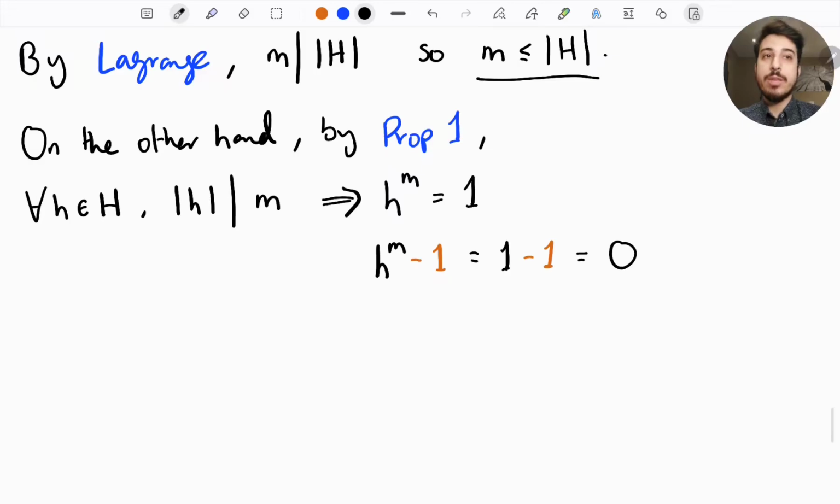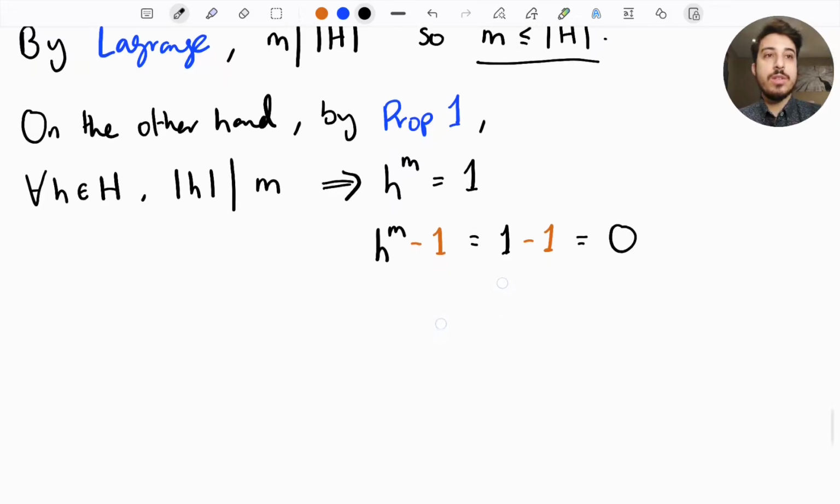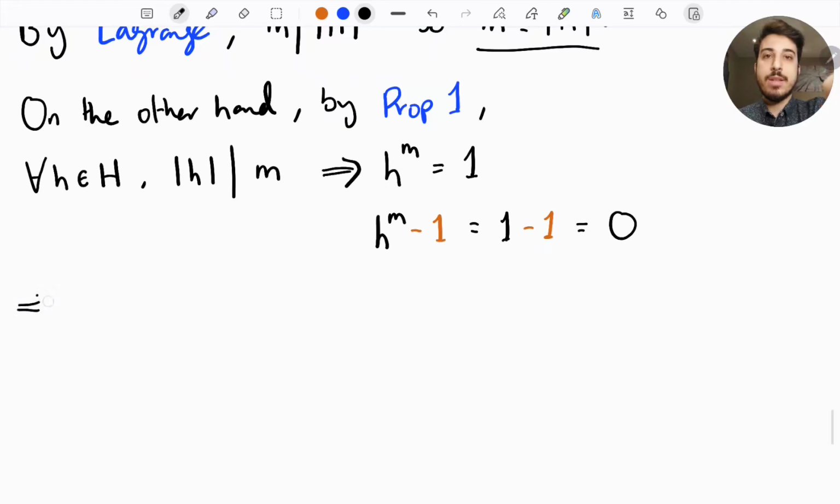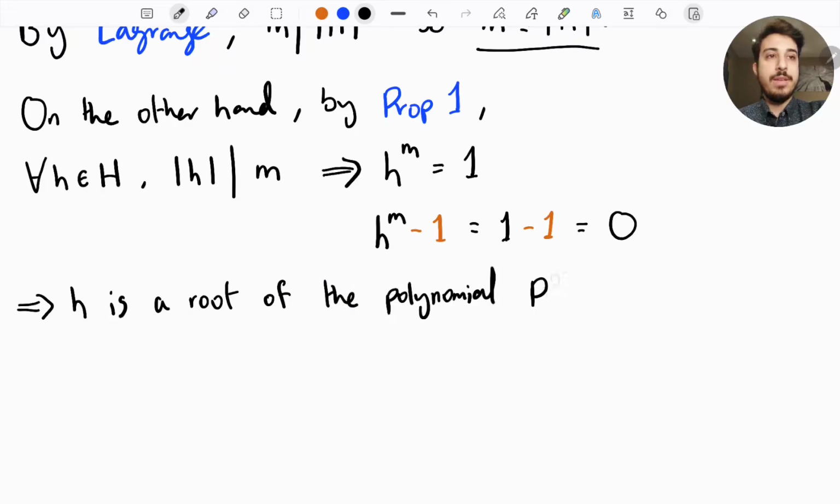So we get h to the M minus 1 is equal to 0. So this means that h is a root of the polynomial p(t), given by t to the M minus 1. If we just put h there, it is equal to 0.